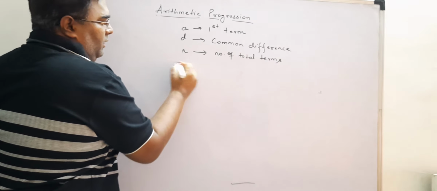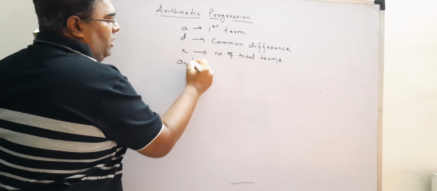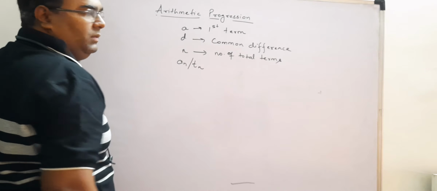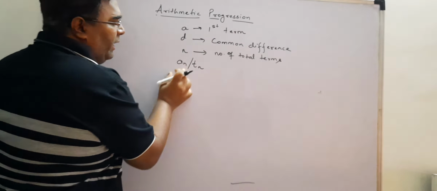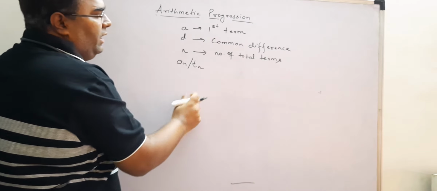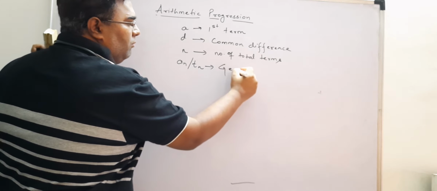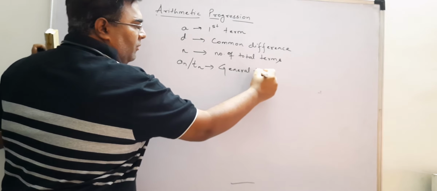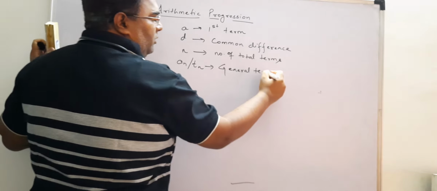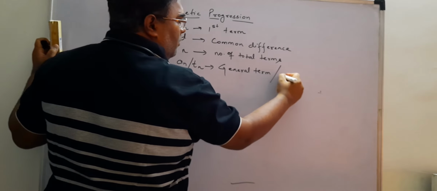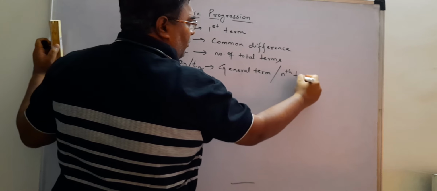Then an or tn. In some books it is written as an, in some books it is written as tn. This is the general term of an AP, or nth term. We will see how to find it.